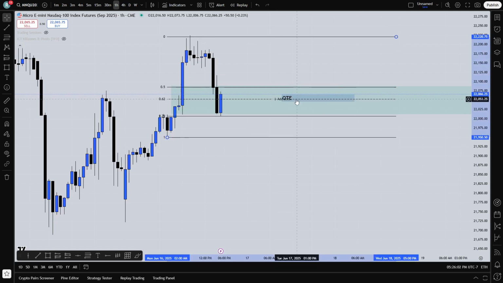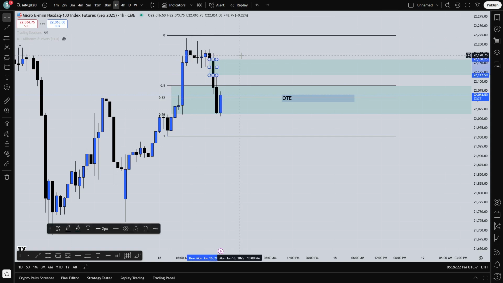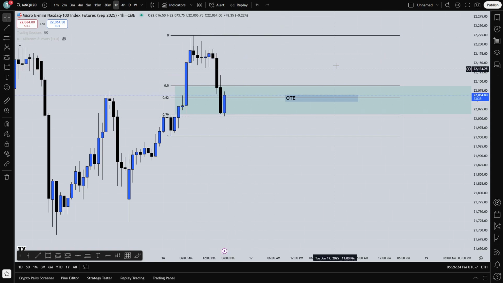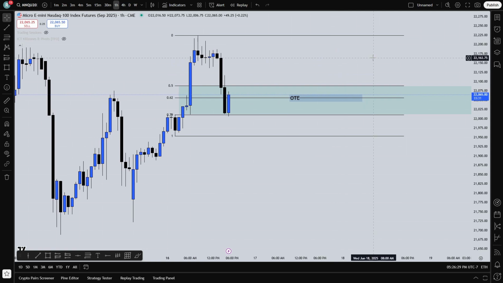This is our OTE, where price could bounce from, and look, it's respecting it here. On the 1 hour, we have a nice bullish candle up, and now price is attracted to this fair value gap. I want to see price come up and reject off this fair value gap, or go through it and hit the high. So you can use a price leg to determine your next structure, bullish or bearish.